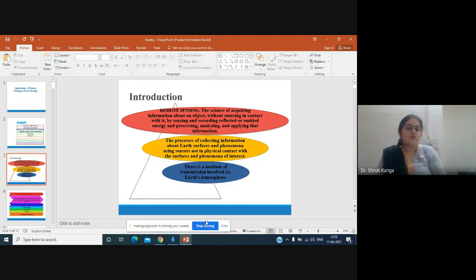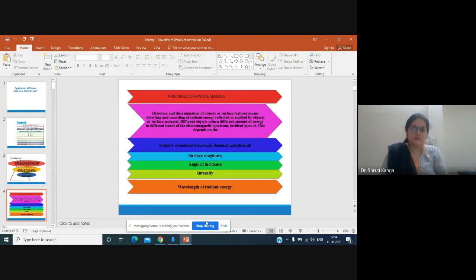So, in brief, when we are collecting information about the Earth's surface without being in physical contact with the surface, and we are capturing the information, and we are able to process that energy, analyzing it and applying that information, that is known as remote sensing.